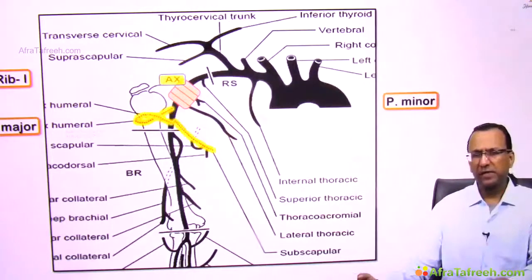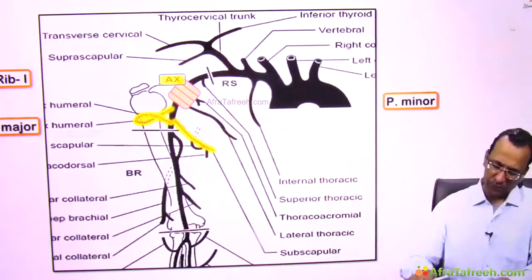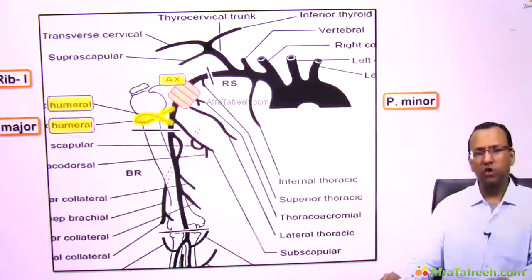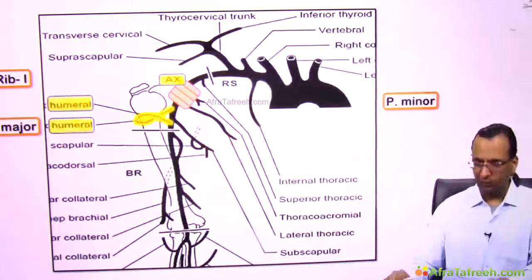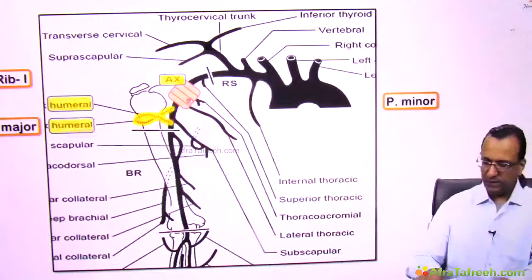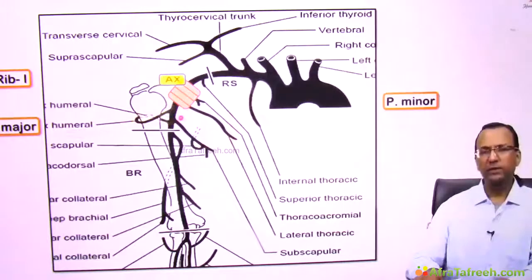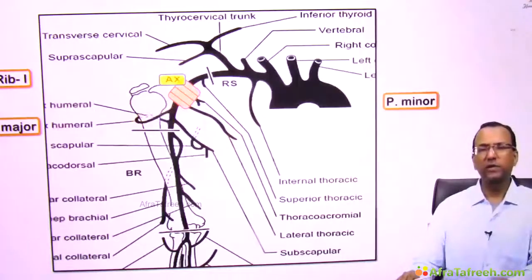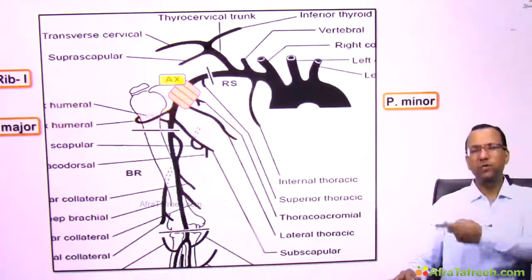Then what about the third part of the axillary artery giving three branches? Two go around the humerus bone, the surgical neck of the humerus. They are the anterior and posterior circumflex humeral arteries, because they go around the humerus.